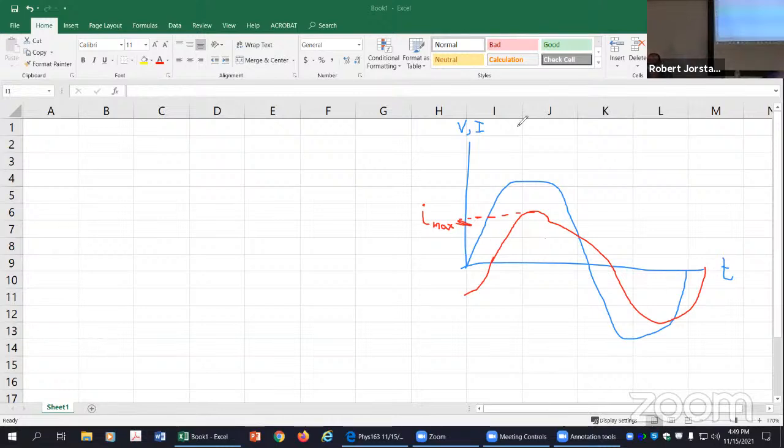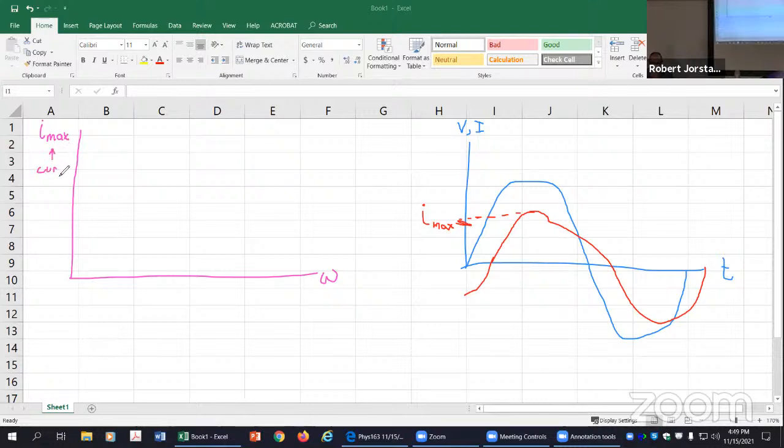So tonight, what we're going to start with is a new plot. We want to understand, as the frequency or the angular frequency changes, what happens to I max. Again, this is not current, this is current amplitude.